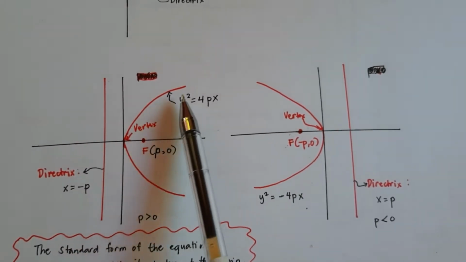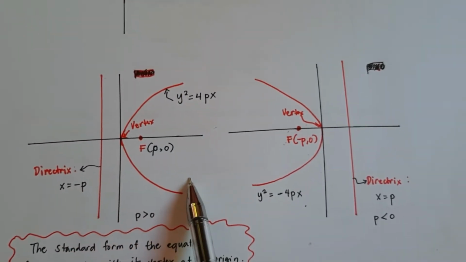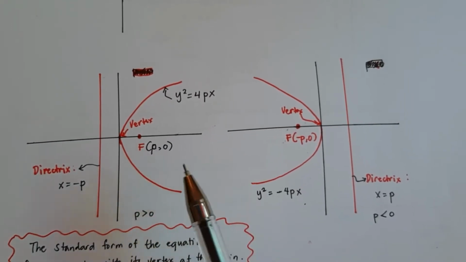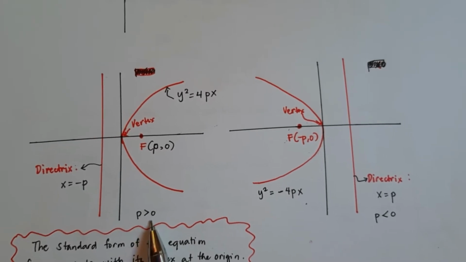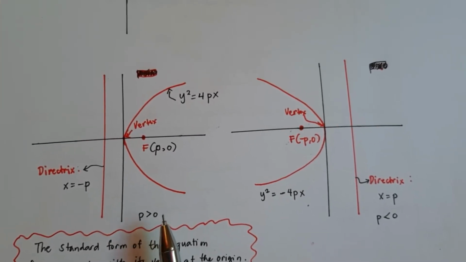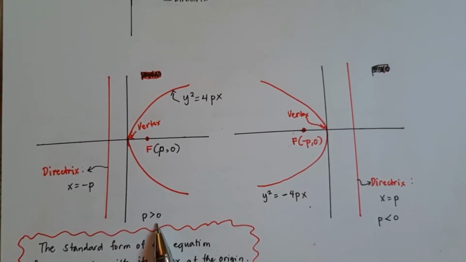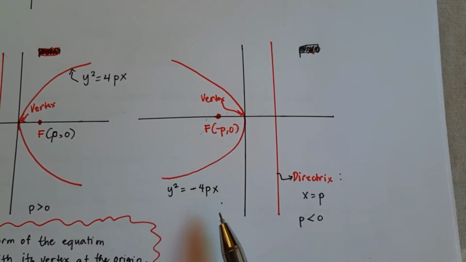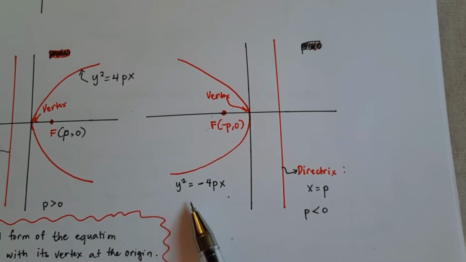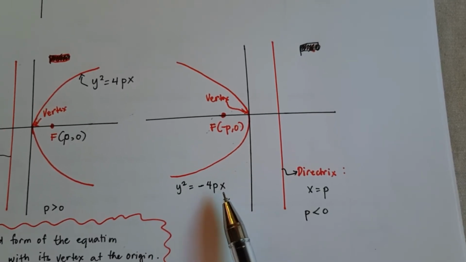So, kapag opening to the right siya, the value of p is greater than 0. Or, ang value ng p ay positive. Pero kung ang value ng p ay negative, it opens to the left. So, ang magiging equation na natin ay y squared is equal to negative 4px.